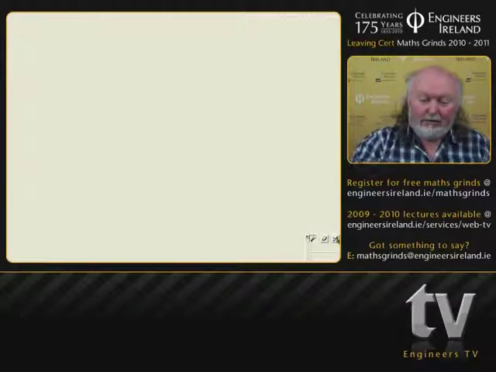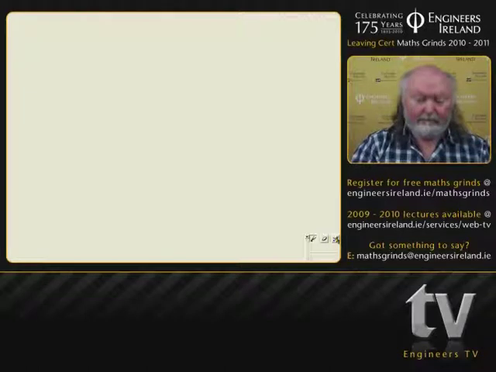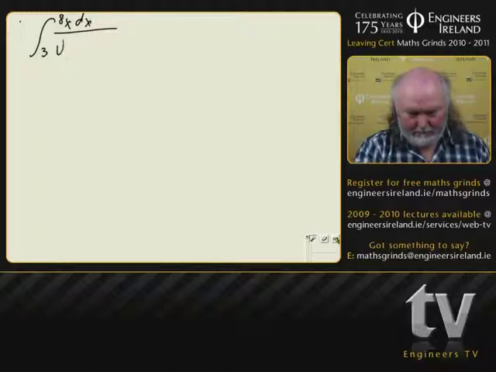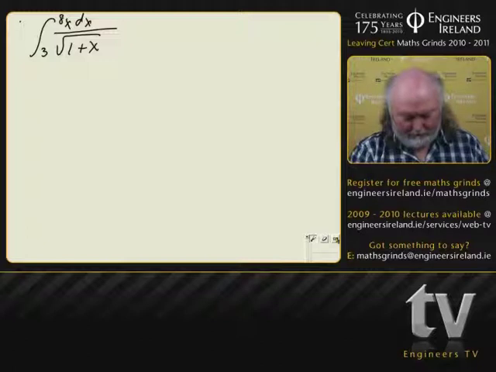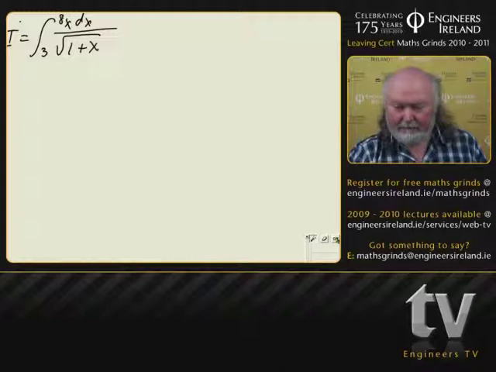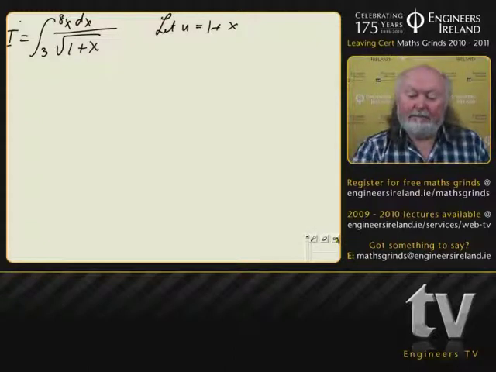We'll do one example before we finish. It's one layer in here, and we have limits this time.